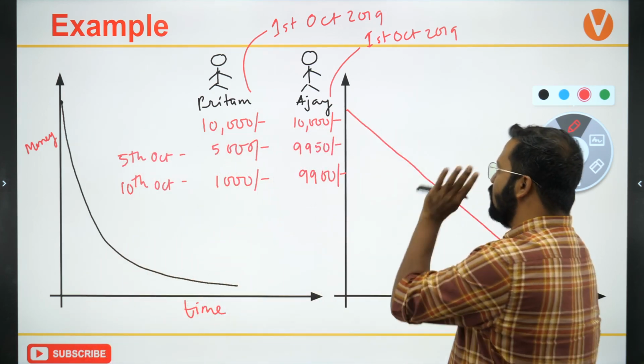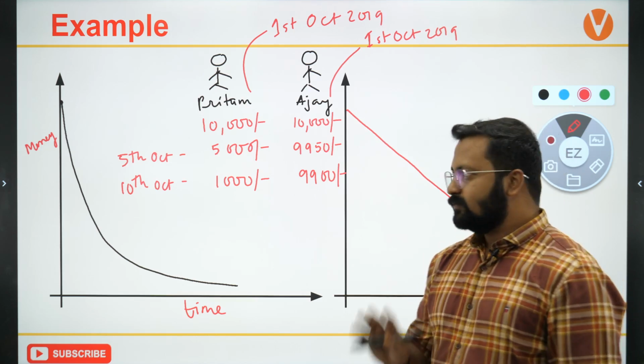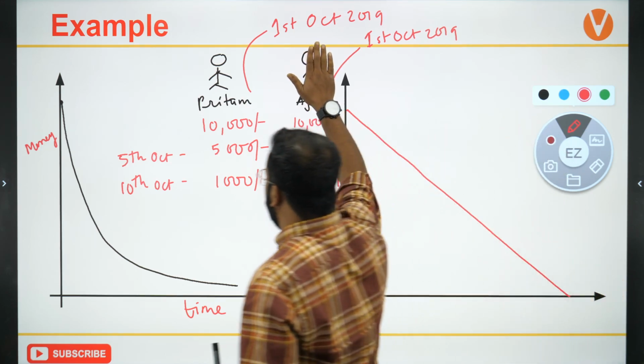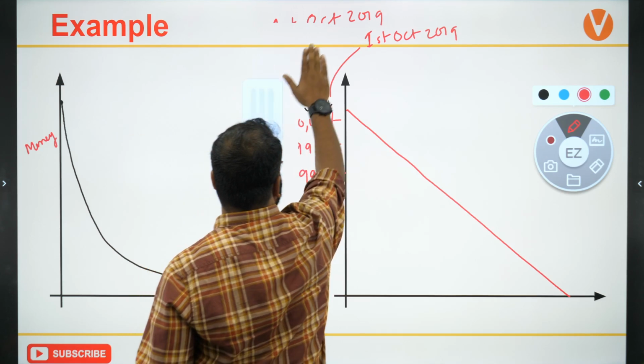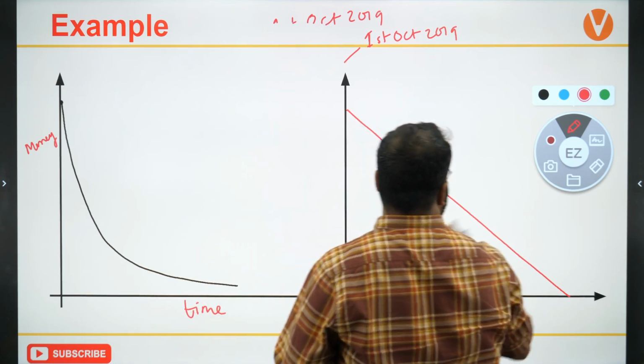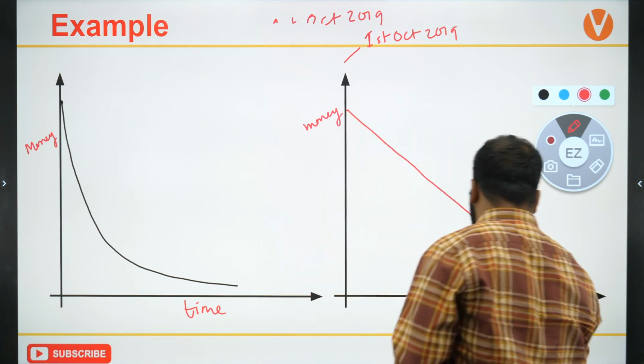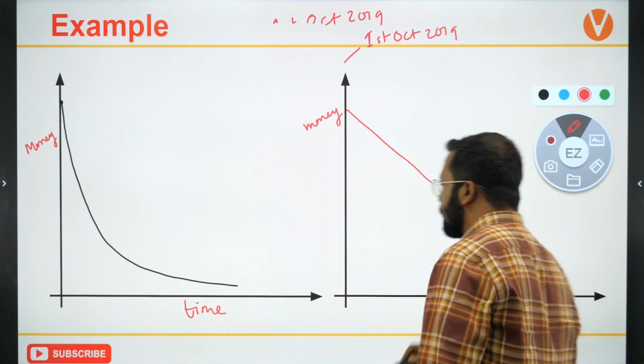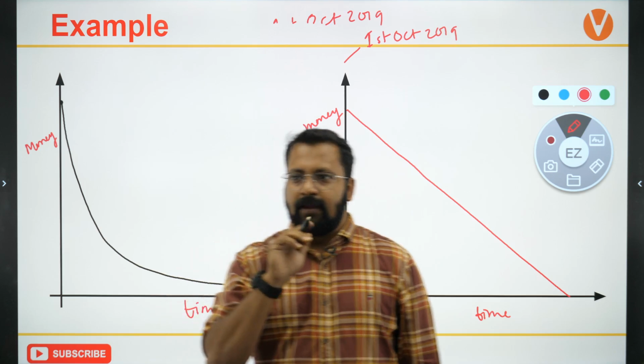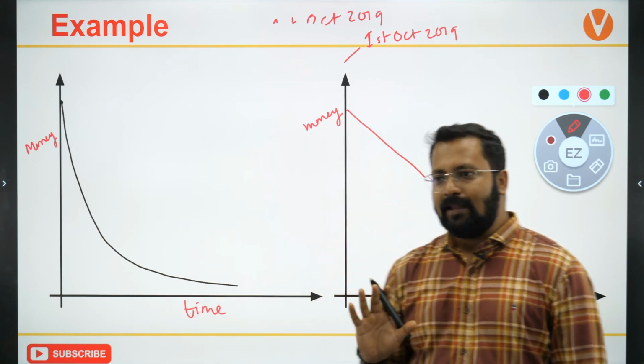Smooth decrease of uniform slope. Is this understood? So let me erase this part. So for Ajay, this is money and time. Okay. Ajay has a constant slope in spending.